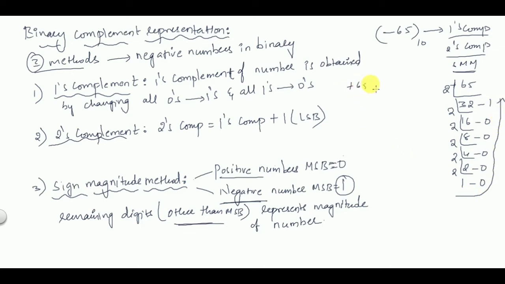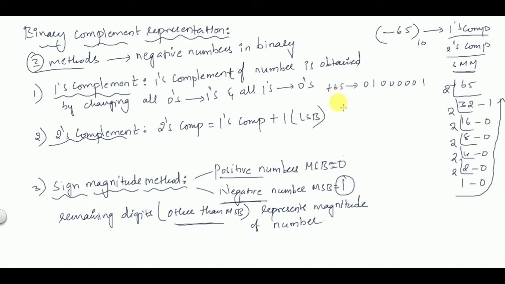So plus 65 can be represented as 0 1 0 0 0 0 0 1. Okay, so I'll write again. Plus 65 can be written as 0 1 0 0 0 0 0 1. Okay, this is plus 65.